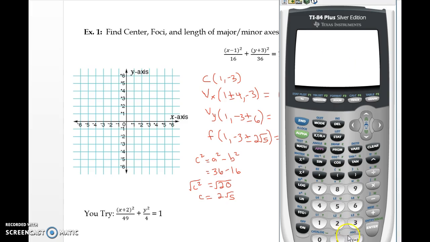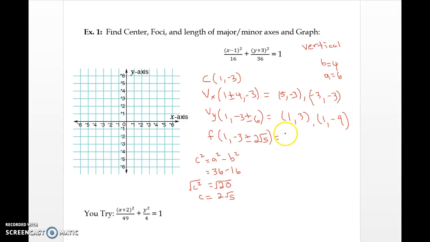And I can say negative 3 plus 2 root 5 is 1.47. So we'll add that in. 1, 1.47.